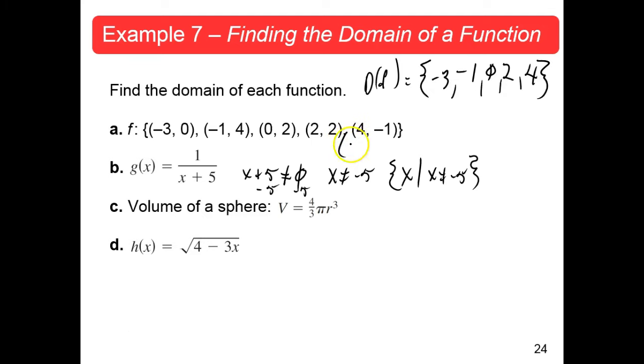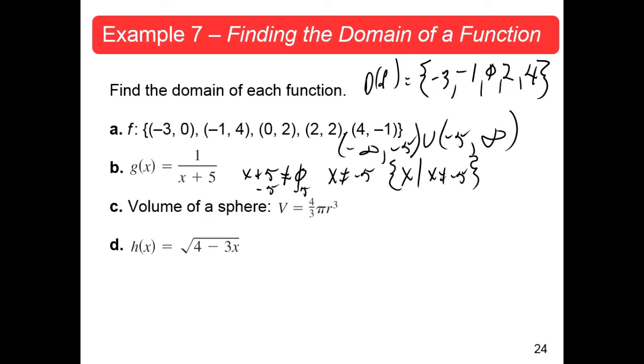Parentheses, -infinity up to -5, parentheses, union that with parentheses, -5 all the way to infinity. That's the only number you leave out, -5. To me, that's such a long way to do it, but that's how the book loves to do it.